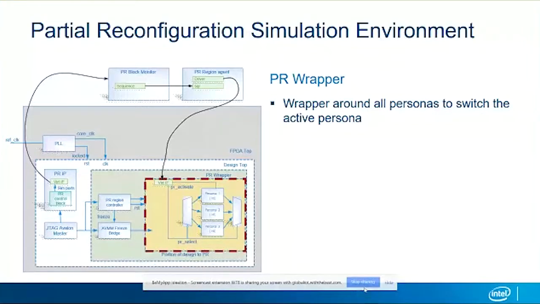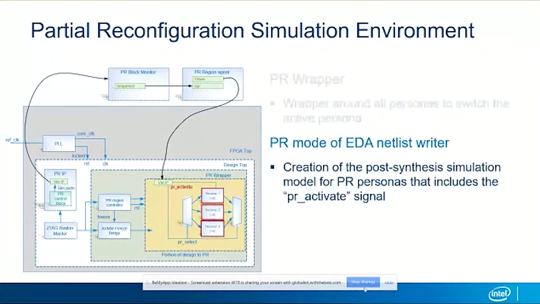And this is a fast way of enabling you to test that your freeze bridge is operating the way you expect. The EDA netlister in the Quartus Prime Pro software creates the tech map simulation netlist for each of the personas, as well as creating a script that will then create the wrapper file, which is based upon the number of potential personas in your design and the module definition that you actually have.